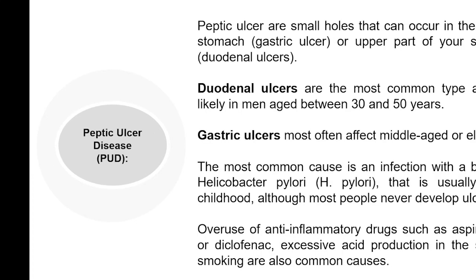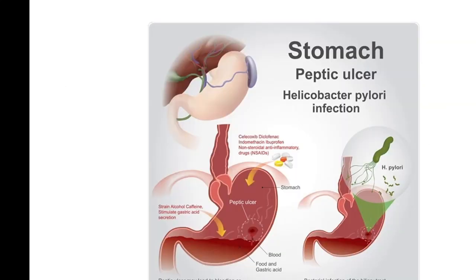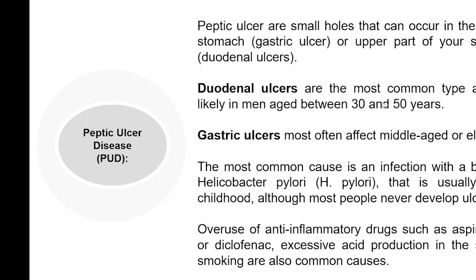Then peptic ulcer. Peptic ulcer is another big headache for most people. Here you can see how the peptic ulcer can develop. Most of the time it is caused by a bacteria known as Helicobacter pylori. Then there is overuse of anti-inflammatory drugs like aspirin, ibuprofen, diclofenac, and excessive acid.